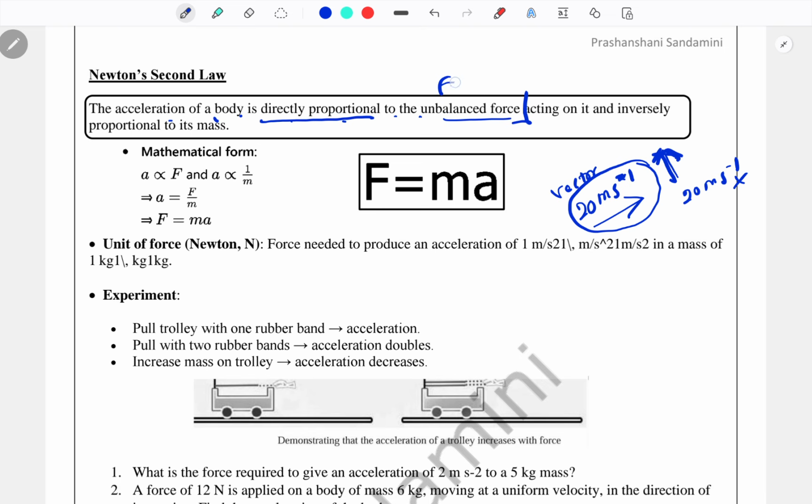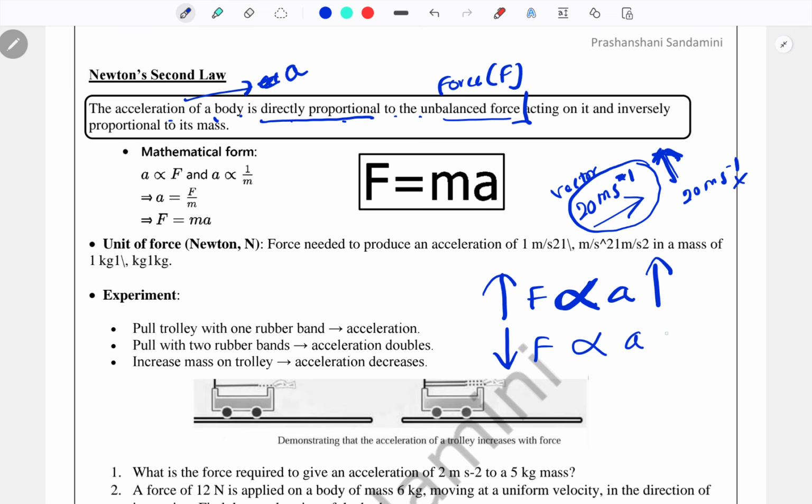So this is force now, which is F. This is acceleration, which is the letter A. Think F and A. If I want to tell a relationship, they are directly proportional. Directly proportional is written like this. In maths, if you increase the force, acceleration also increases. Also like that, if you decrease the force, acceleration also decreases. That's what this symbol means.